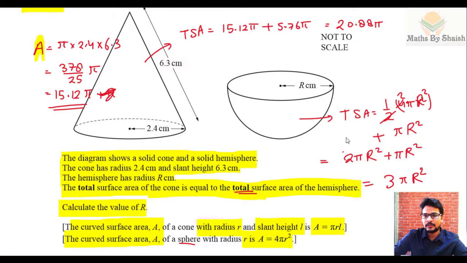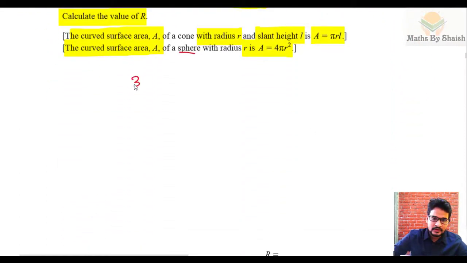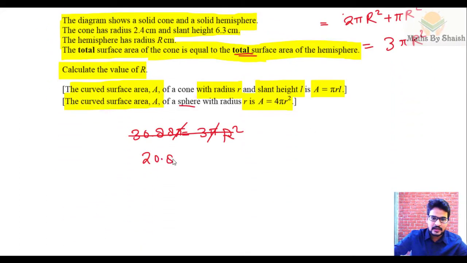Now they are equal. It means 20.88 pi equals 3 pi capital R square.